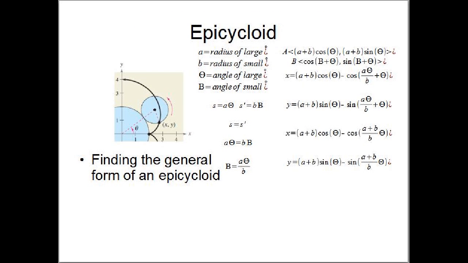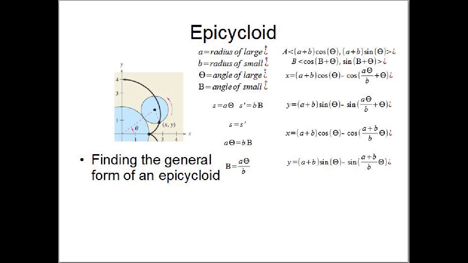For finding the standard equation of an epicycloid, let A equal the radius of the large circle and B equal the radius of the small circle. Theta is the angle of the large circle and beta will be the angle of the small circle. We can use vector summation to find the general equation of the formula. For the first vector, we will add the lengths of both radii and multiply it by the cosine and sine.